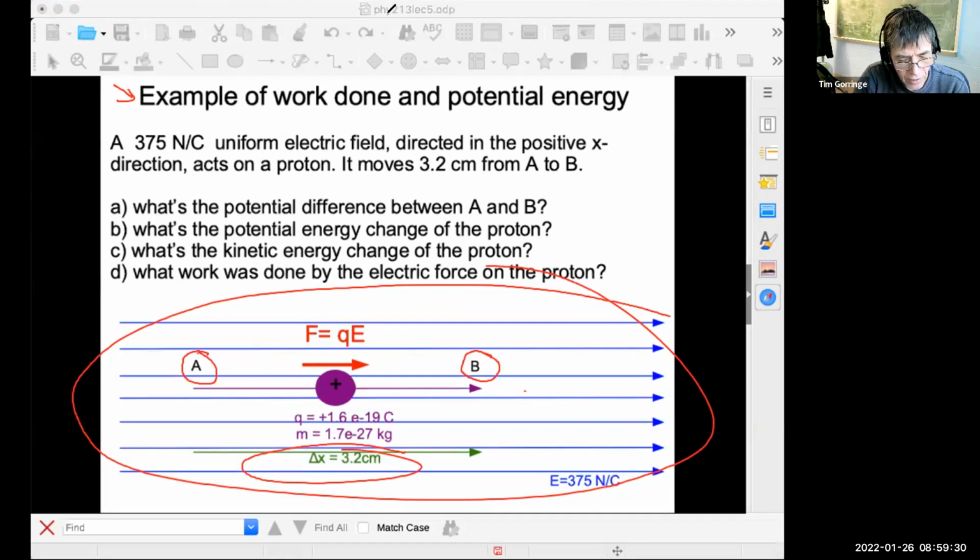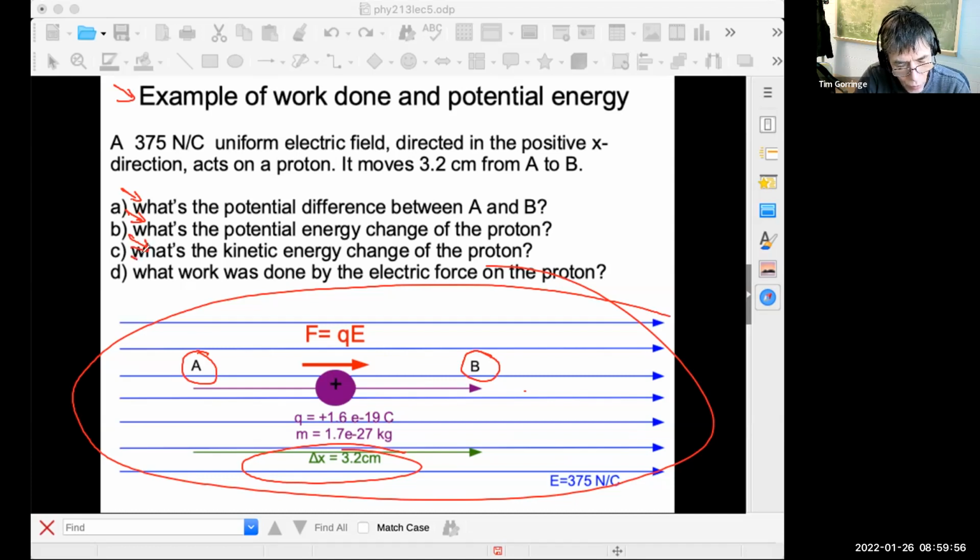So the question asks us 4 things. What is the potential difference between the initial and final locations? What is the potential energy change between the initial and final locations? What is the kinetic energy change between the initial and final locations?